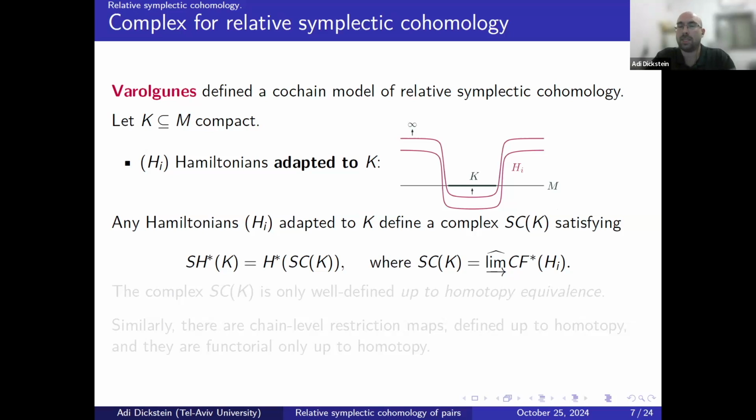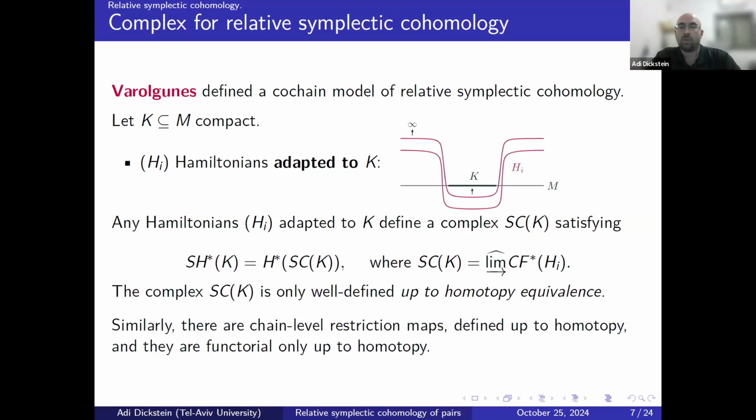The purpose of this completion is to kill, in some ideal situations, the orbits that are not included in a neighborhood of K. So this complex is well defined just up to homotopy equivalence, so the cohomology itself is well defined. And also we have restriction maps, which we can obtain by continuation maps, and they are also defined up to homotopy.